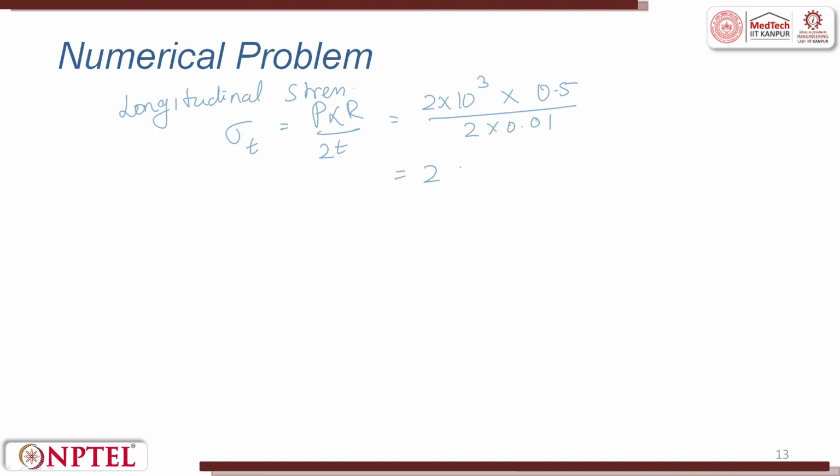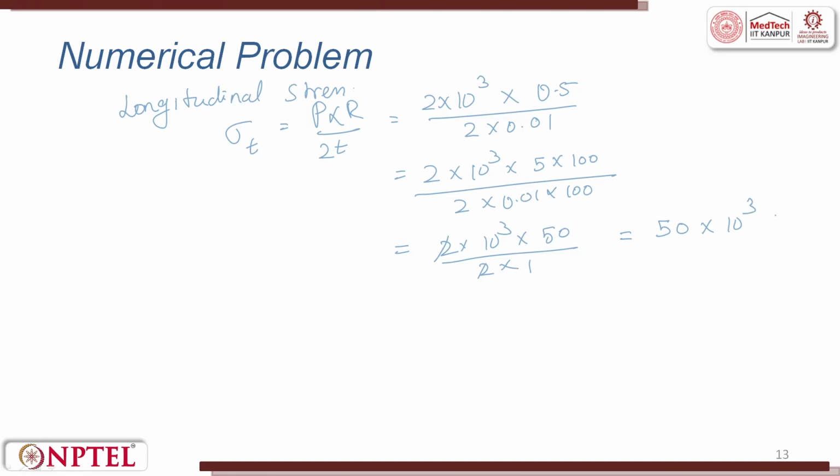So, what happens to this? 10 to the power 3 into 5 into 100 divided by 2 into 0.01 into 100. This is nothing but 2 into 10 to the power 3 into 50 divided by 2 into 1. So, this goes away. So, you will have 50 into 10 to the power 3 kilopascal, which is nothing but 50 megapascal.